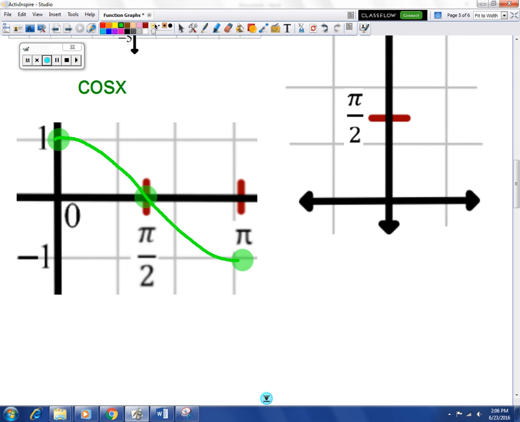So x, cosine of x. I pick 0, pi over 2, and pi. Again, I'm going to avoid using pi over 6, pi over 3, pi over 4. Those values are good to know on a unit circle, and definitely worth learning, but for graphs of inverse trig functions, these are the best, because we get easy values. At 0, cosine is 1. At pi over 2, cosine is 0. And at pi, cosine is negative 1.